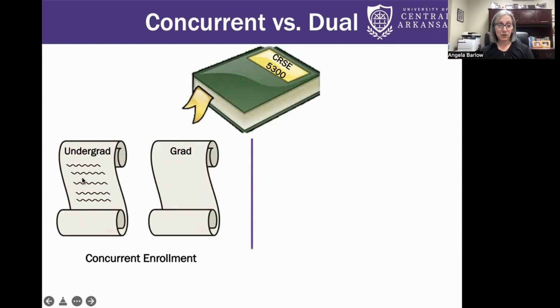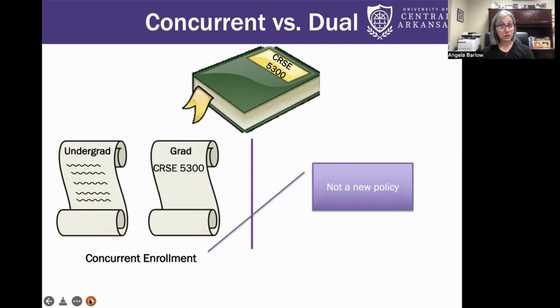And the fact that all of these squigglies are filled in is telling me that they've got all of the undergraduate classes they need, and perhaps they're in their last semester of their undergraduate degree. And although they've got some undergraduate courses to take, there's a little space within their schedule to take a graduate course. And so they do that. Course 5300 shows up as a graduate course. And this situation is referred to as concurrent enrollment.